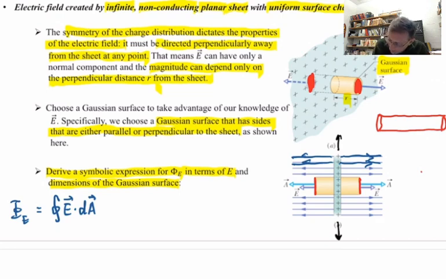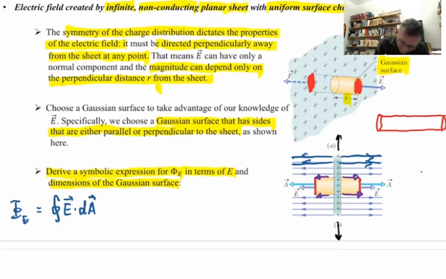But you see that the electric field is only skimming on the sides, like along here, on the curved side. That's not piercing. So there's no flux through the curved side, only flux through the circular right and left caps.